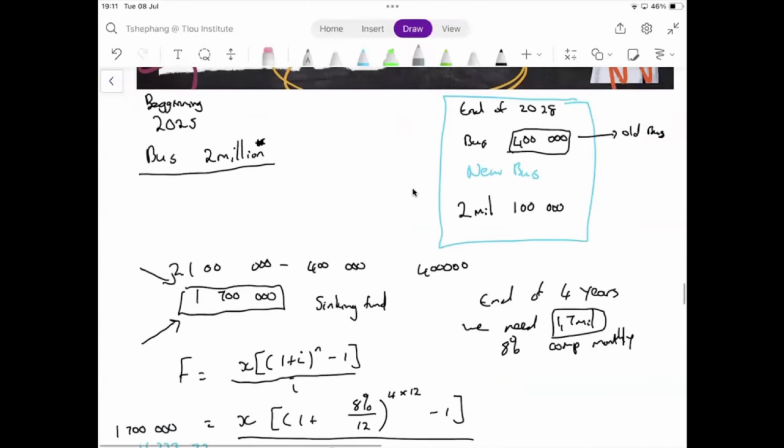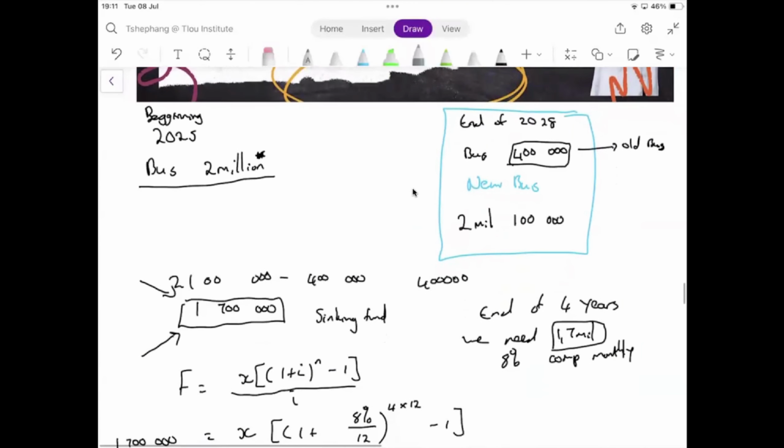Okay, let's quickly re-explain it again. I said at the beginning of 2025, we bought a bus for 2 million rands. We know at the end of 2028, we need to replace this because it's now broken or it doesn't function properly. But it's worth something when we sell it in 2028.